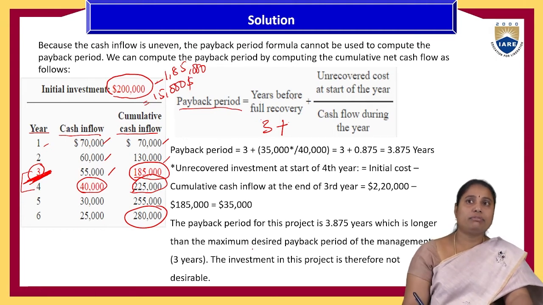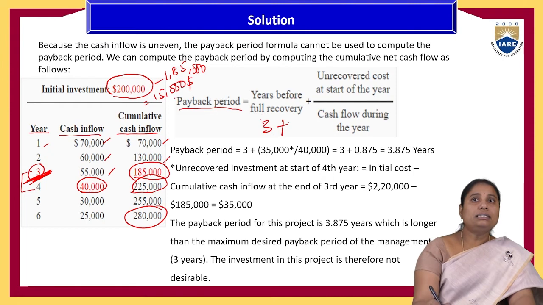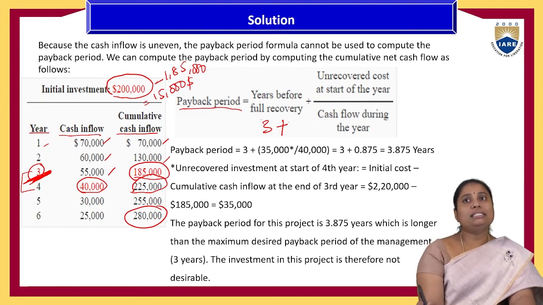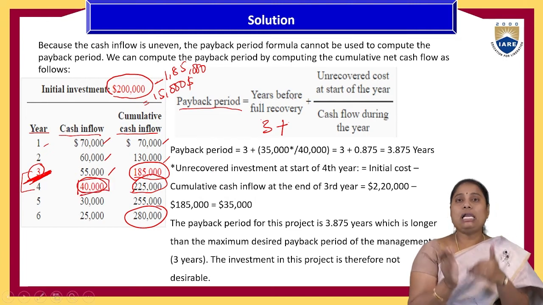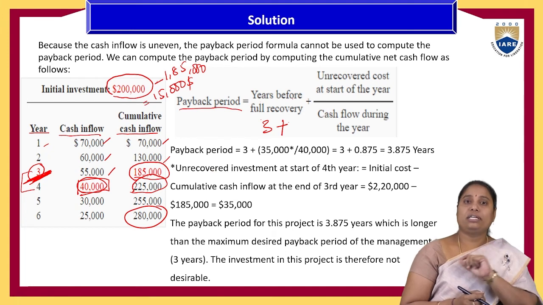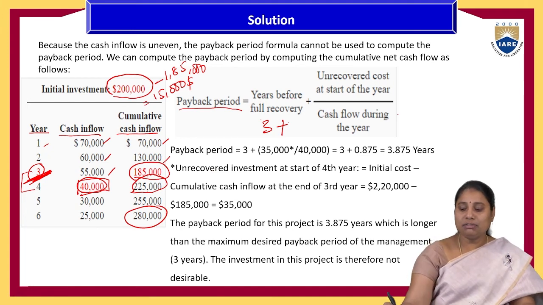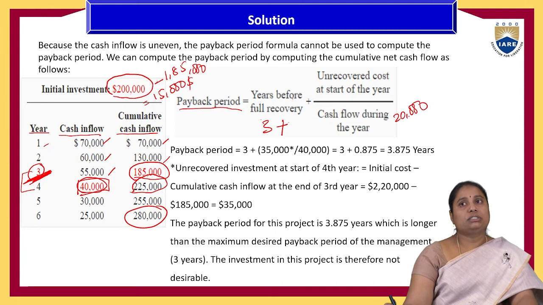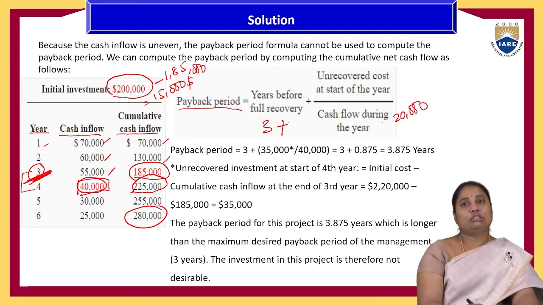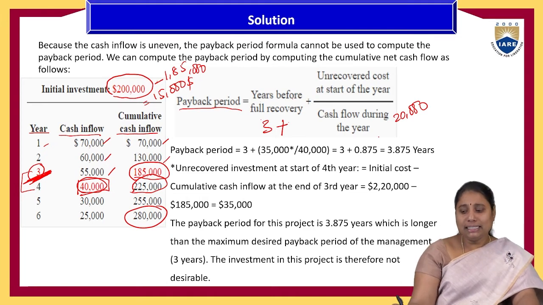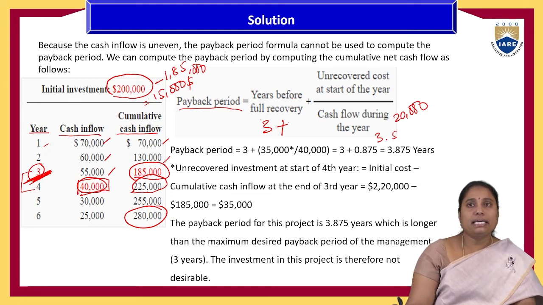They have not yet recovered this 15,000, and in the next year they will get 40,000 over the entire 12 months. For 6 months it would be nearly 20,000, so it will be below 6 months only.